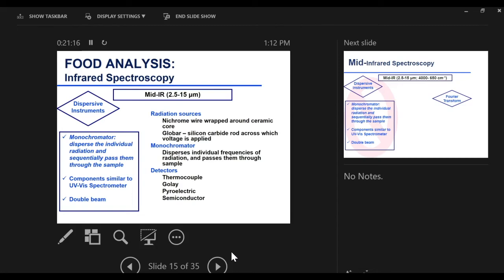It disperses the light into individual radiations or wavelengths or frequencies and sequentially passes them through the sample, one after the other. Then you get a spectrum at all of the different wavelengths. You get them separated, and then you get a sequential analysis. The components within the instrument are similar to those of the UV-vis, and often it's double beam, which means the beam is split between a reference cell and a sample cell.